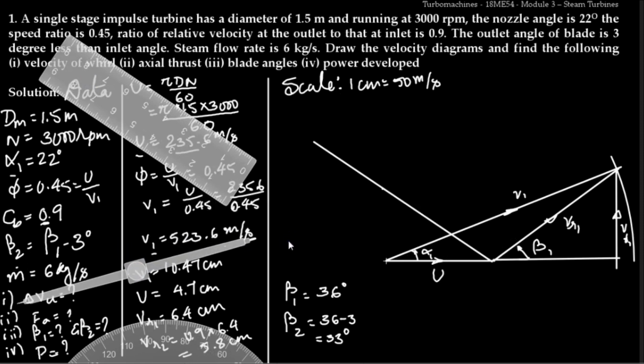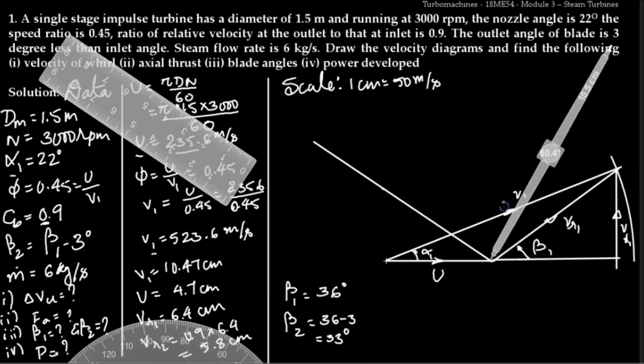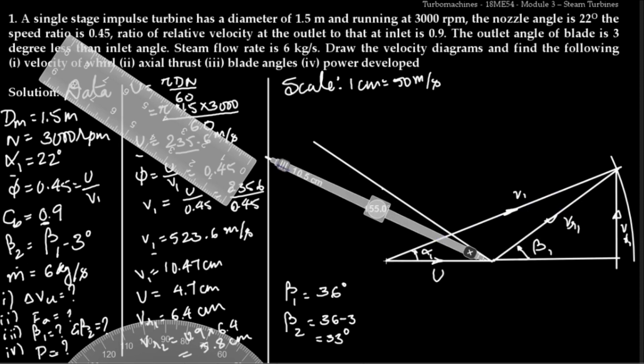I will take the compass, I'll place it here. Now I will reduce the length to 5.8. Now it is 5.8. I need to place it on this point. Now I'll draw an arc.